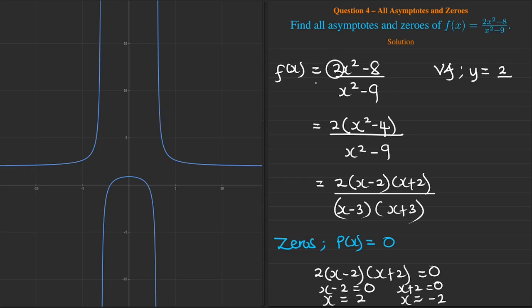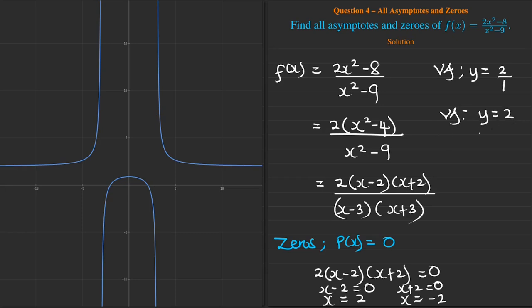The leading coefficient is simply the coefficient of the variable with the highest degree. In this case, it is 1. So evaluating it, our vertical asymptote is simply y equals 2.